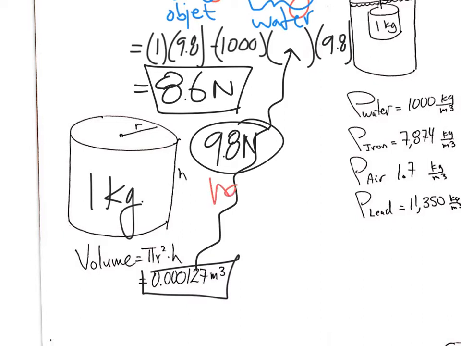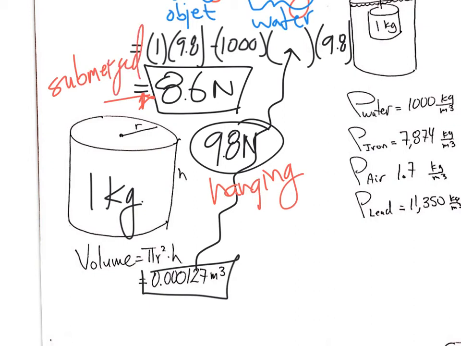And this is its weight when it is submerged. So notice that it is less, and you see the difference between water and iron? Iron is about 8 times as dense, and so when we put it in water, it lost about 1/8 of its weight. Okay, so that's our second type of calculation, calculating apparent weight.